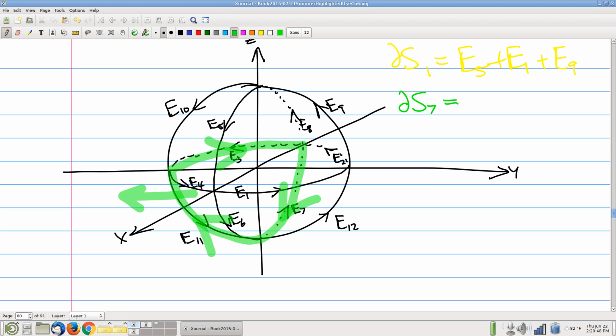Well, E3 is part of it, but look at that. The boundary orientation is going the opposite of the direction of what we've defined to be the direction E3 goes. So it's really minus E3. Everybody good? Okay.